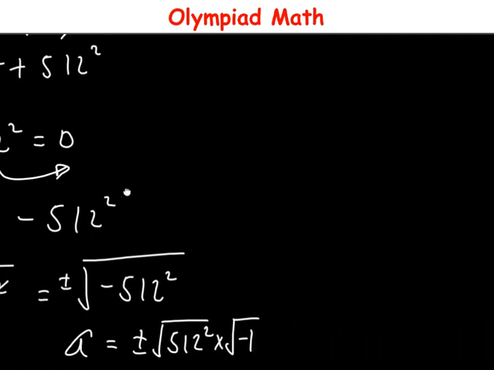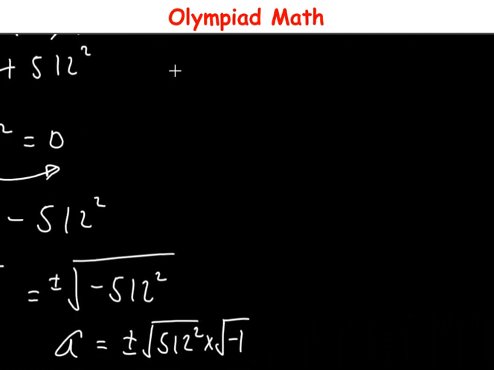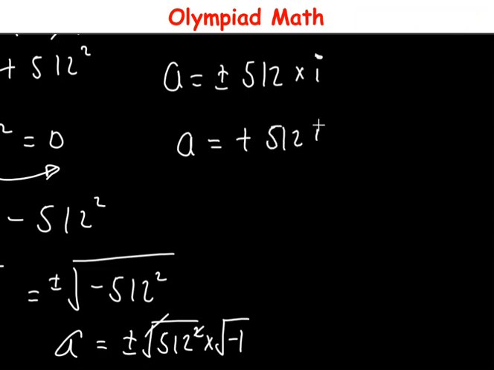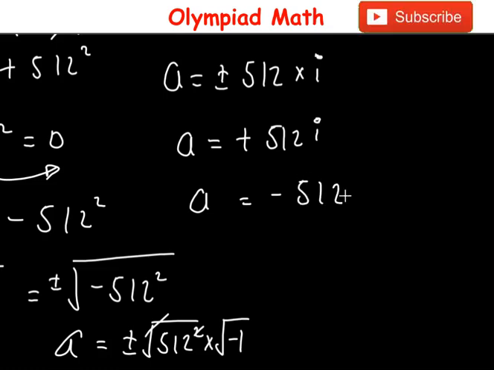And from here, we have the value of a. a is equal to plus or minus, square cancels square root, we have 512. Then root minus 1, the value is i. So a is equal to plus 512i and a is equal to minus 512i. So we have the first and the second solution for the values of a.